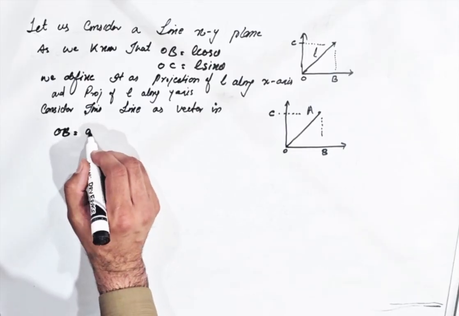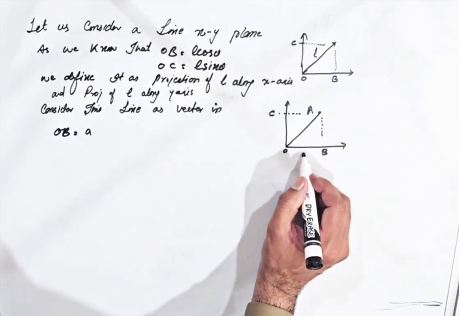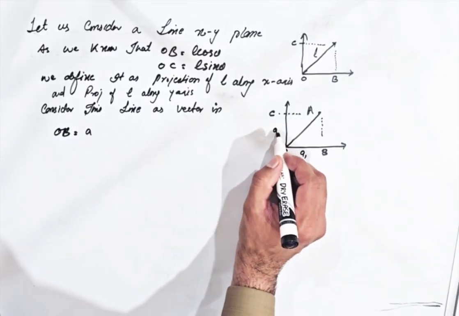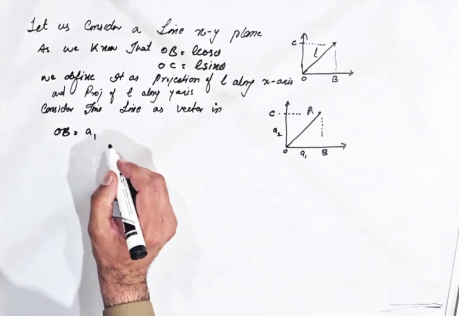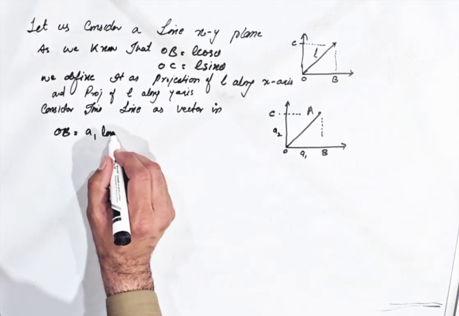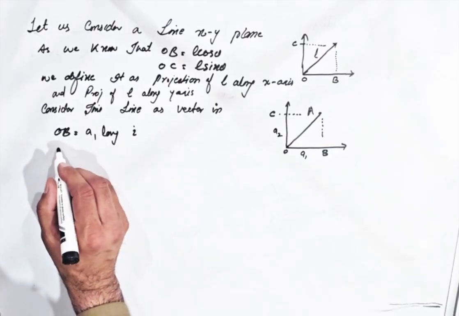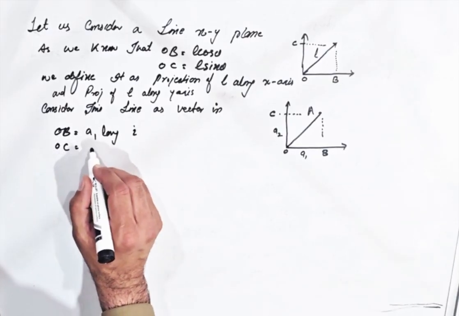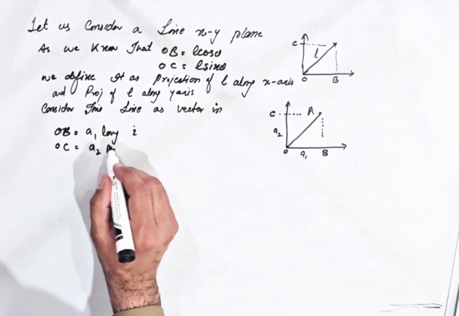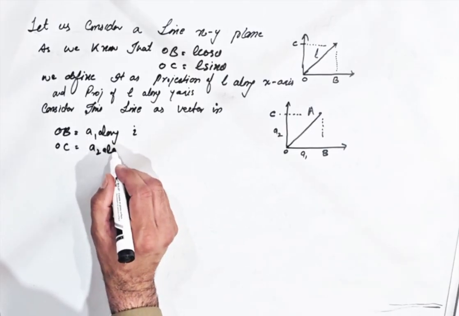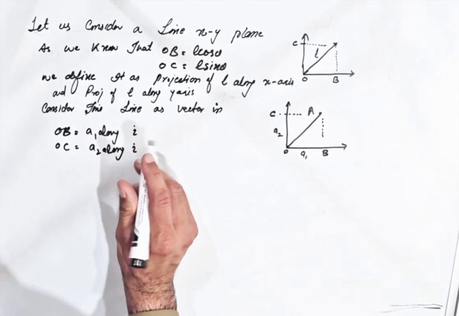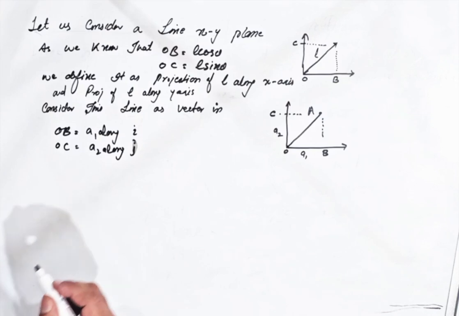OB is this A1, this is A2. OB is A1 along unit vector I, and OC is A2 along unit vector J.